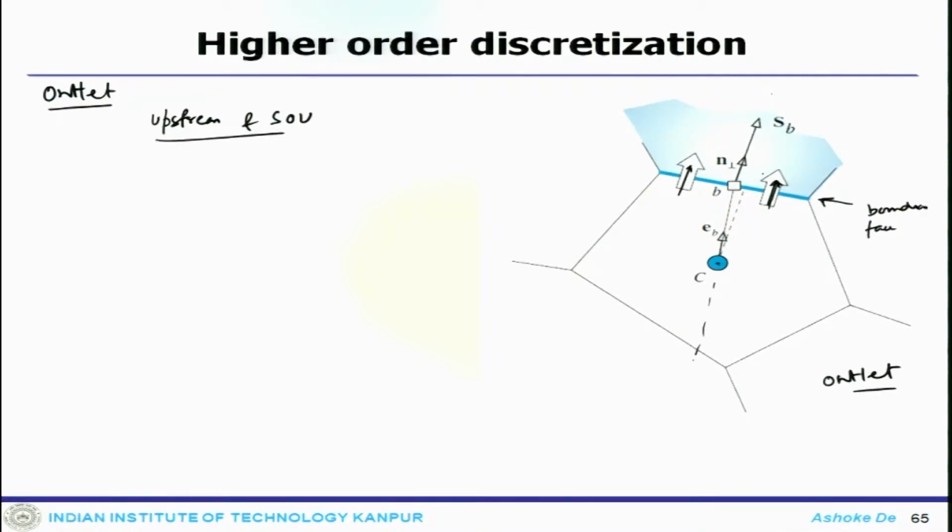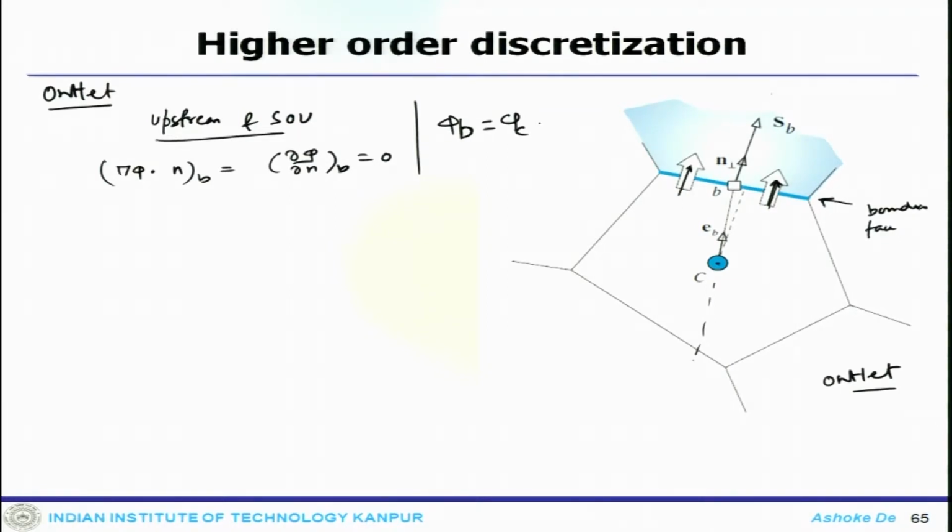It does not require any downstream information, but the treatment that has proven to be very effective at the outlet boundary condition is to assume that the phi profile is fully developed, which is equivalent to del phi dot n at the boundary being 0. That means no gradient at the boundary. The usual practice at the outlet is to apply the upwind scheme, where phi B equals phi C.